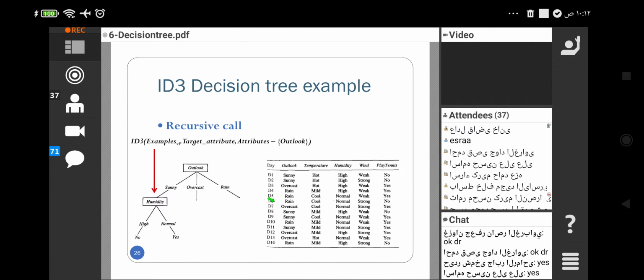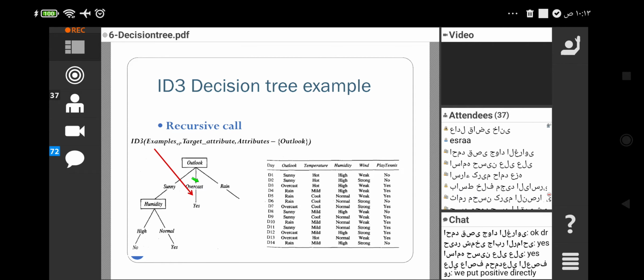All of the data where outlook is overcast, the label is positive, so we put a yes here and we finish the tree in this branch. So in the branch where outlook is overcast, we don't have any other nodes and we only have a leaf node because all of the data is positive.